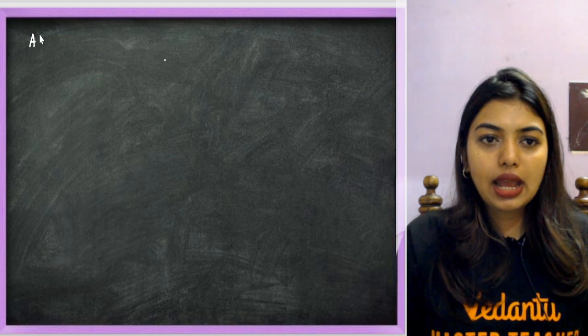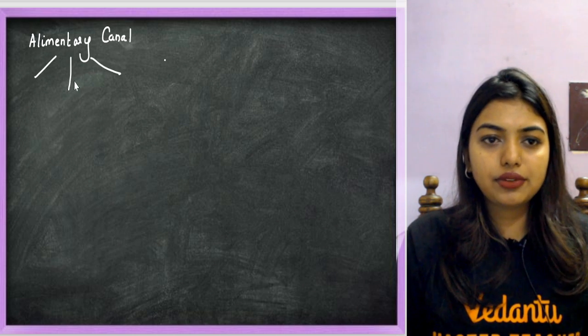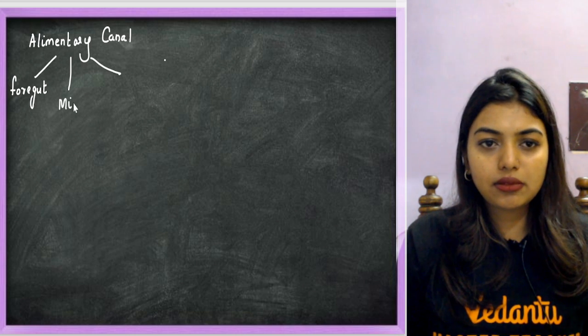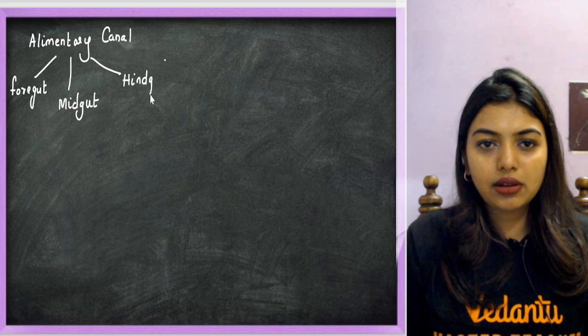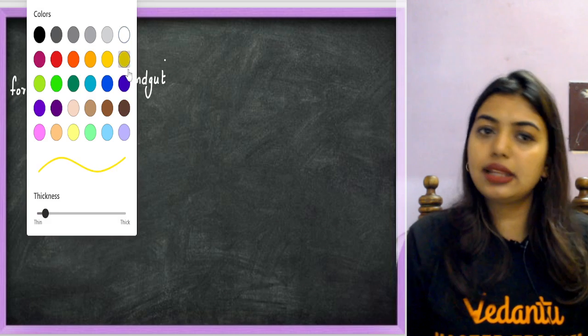So the alimentary canal has 3 portions: foregut, midgut, and hindgut. Now first I'll write the pathway, then I'll write the diagram.